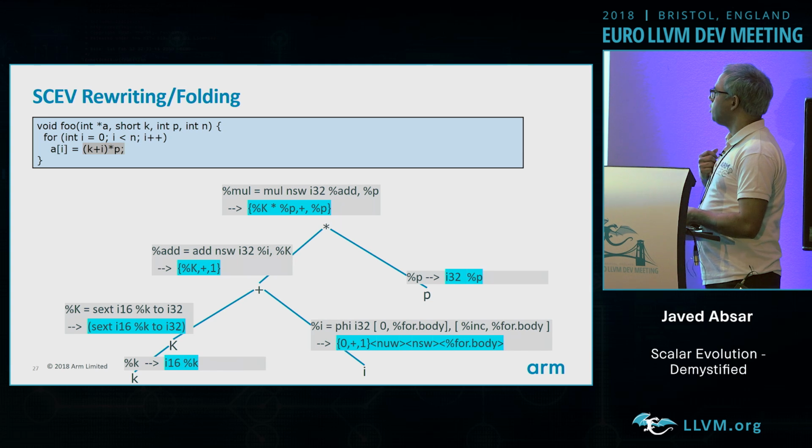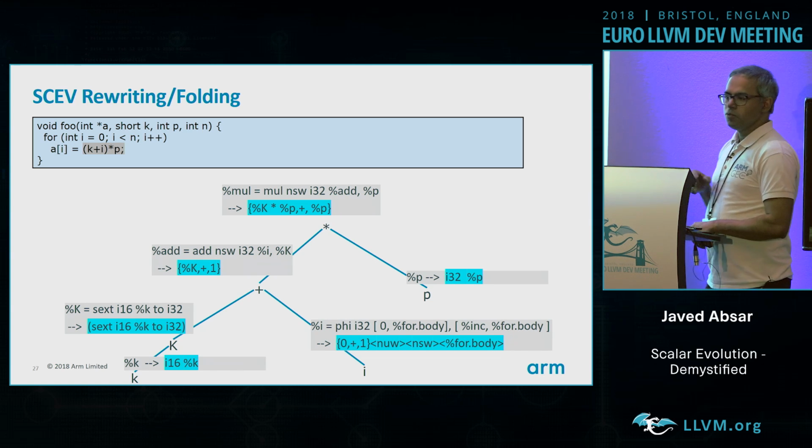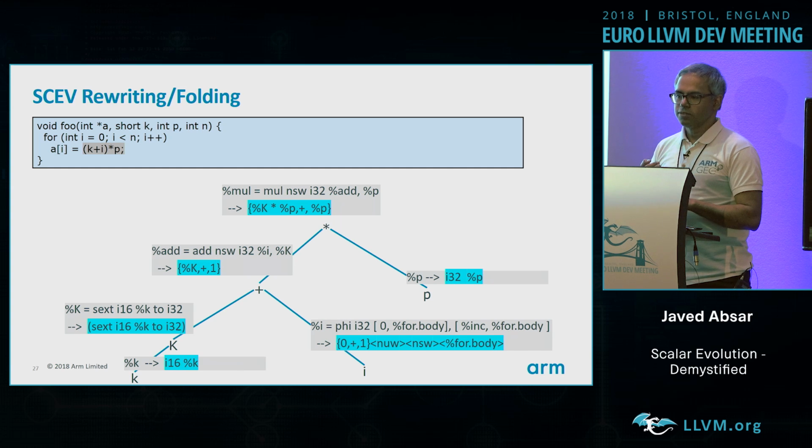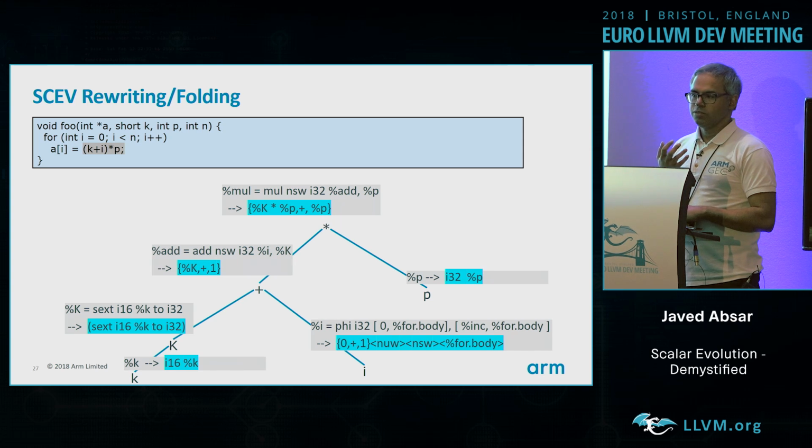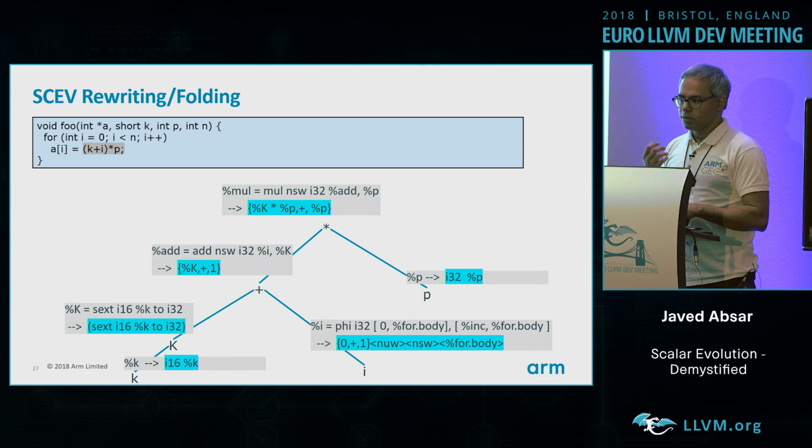If you're multiplying p by this recurrence, you just multiply through, and it's the equivalent thing. So what have you seen so far? We saw what was basic recurrence, chain of recurrences mathematically, and we saw how SCEV can just step through and calculate the recurrences for all the expressions that you have in your LLVM IR.